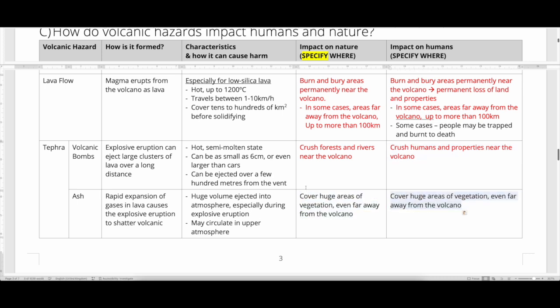Likewise here, it can fall onto properties, which, if too much, may collapse from the weight of the ash. And humans, imagine breathing in all the ash. Humans can get respiratory disease.